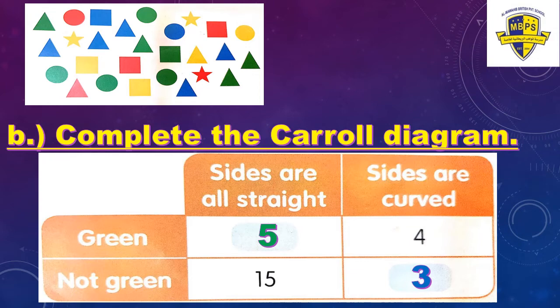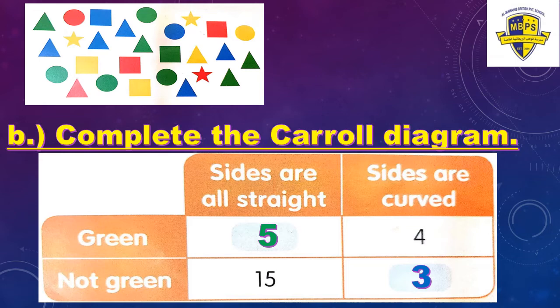So come on, now let's count and see how many are green in color and they have straight sides. Let's count, children. We have 1, 2, 3, 4, and 5. Very good. Let's go to the next question.